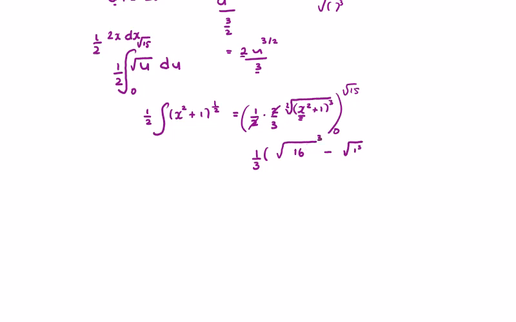If we put the cubed here, it's the square root of 16 to be cubed, which is 4 cubed. And then it'll be minus 1 cubed. And a third of this. So a third of 64 minus 1 is 63. And this goes in evenly 21 times.